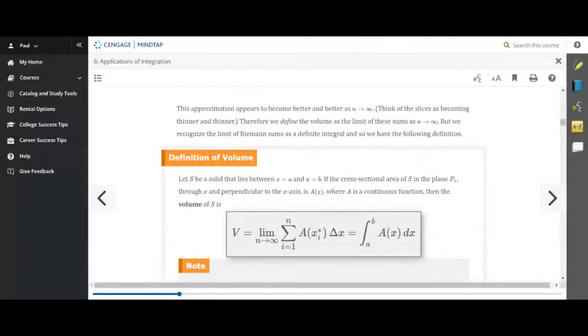Absolutely amazing. Let S be a solid that lies between the limits x equals a and x equals b. If the cross-sectional area is A of x, then the volume is the integral from a to b of A of x dx.